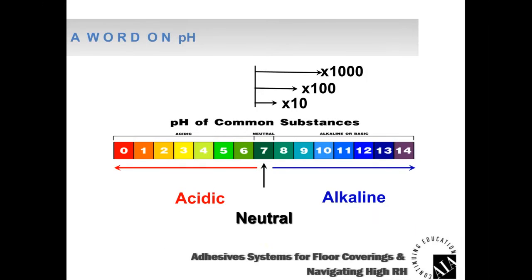That one number jump. If you go from a 7 pH to a 9, it's 100 times more alkaline. You go from a 7 to a 10, it's 1,000 times more alkaline. The scale is logarithmic, and the same goes in the other direction. If you got a 7 and you go to a 5, that's 100 times more acidic. 7 to a 4 is 1,000 times more acidic.